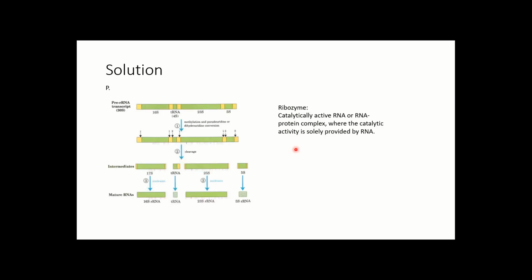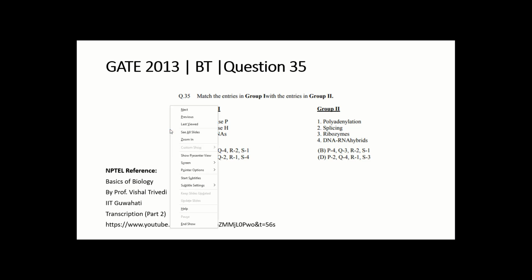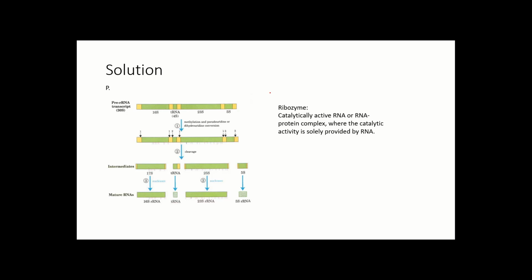Now let's see the groups. If you go for option P, which is RNase P, as we discussed, RNase P is a ribozyme which plays a role in tRNA cleavage and is required for tRNA maturation.